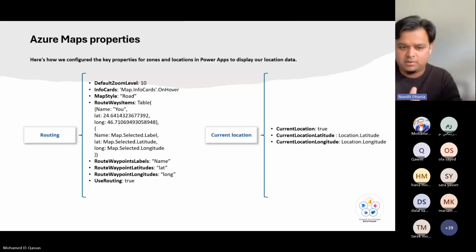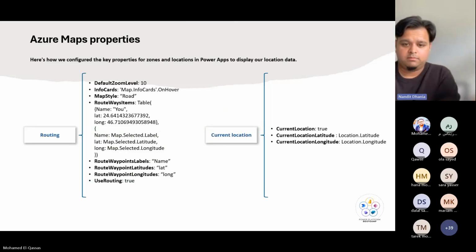So that will be map.selected.label, map.selected.latitude, map.selected.longitude. So as simple as that. And then you just need to specify the column names that you specified in the waypoint items property. And it's as simple to visualize the routing as well.